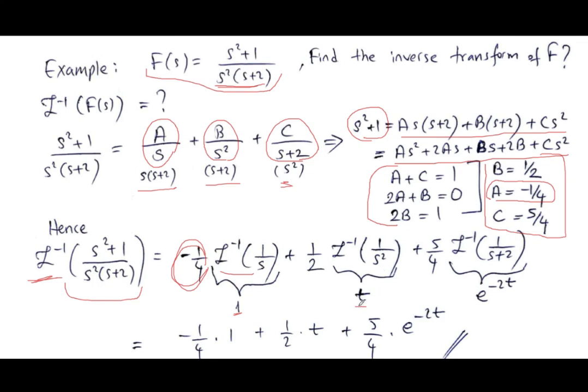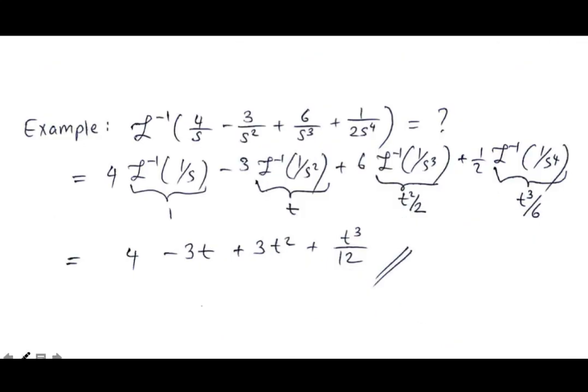From the Laplace tables, we know this is equal to t. So we can write down 1 over 2 times t. And also calculate this guy and then write it down here. And as you see, this is something we have already done. The inverse Laplace transform of 1 over s plus 2 is given by the exponential minus 2 times t. So we just write down everything, each piece, and that gives us the result.